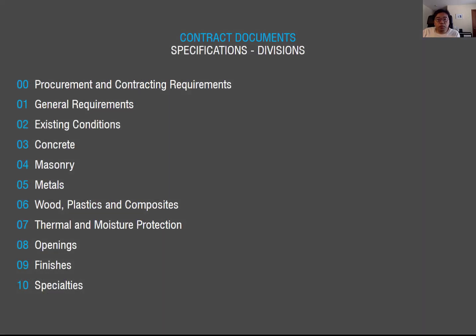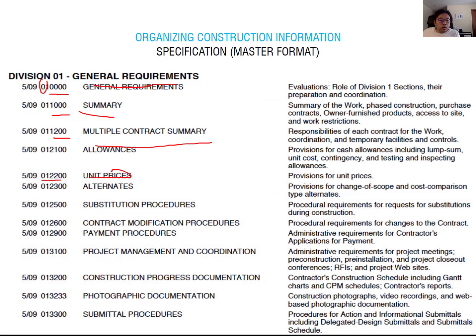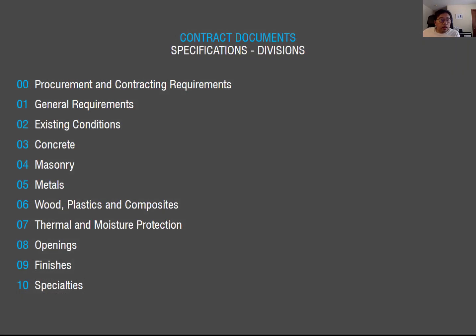So let's practice together. This is an example of division 08, which is the openings.